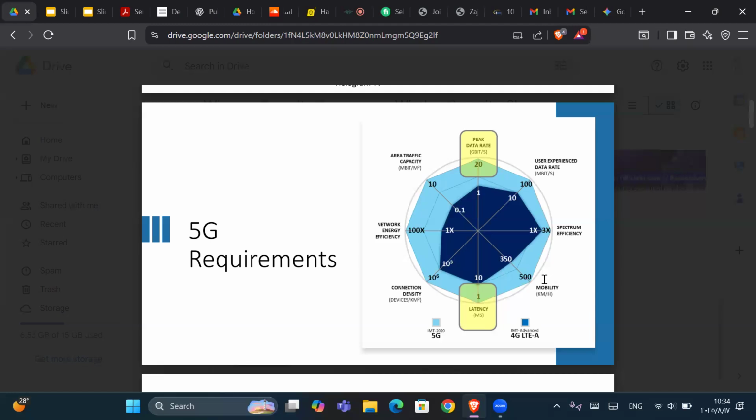The mobility, 4G was able to provide connectivity to a device that's moving with a speed of 350 kilometer per hour, while 5G was able to provide connectivity for a device that's moving with a speed of 500 kilometer per hour, like almost close to the plane speed. This is very fast.